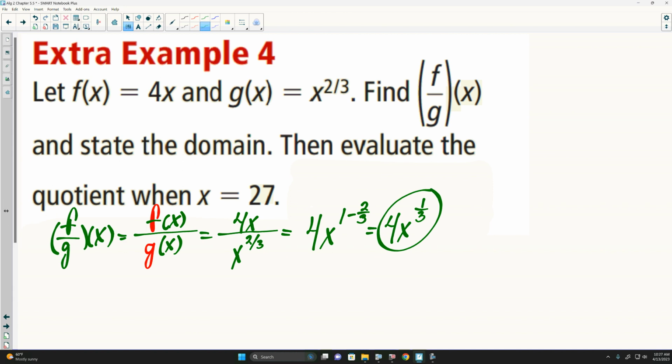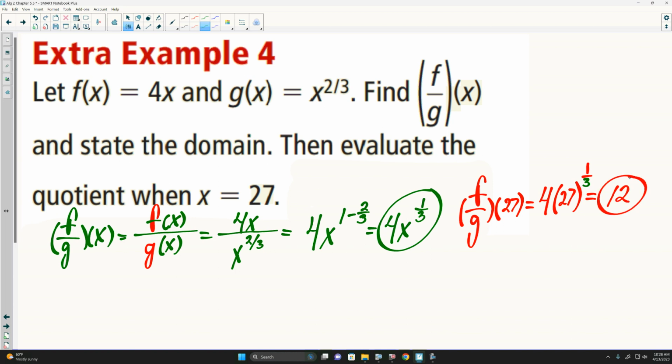And we do need to evaluate this when x is 27. So that tells us that we have 4 times 27 to the 1/3. And we can plug this in a calculator.